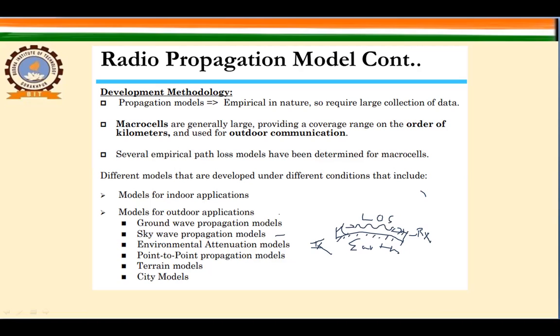But practically our earth has curvature, so we cannot say that line of sight takes place when we put the transmitter and receiver in a particular geographical area. The height of the antenna and other factors also influence the transmission of your radio waves, so it is not easy to send your transmission towards your receiver.